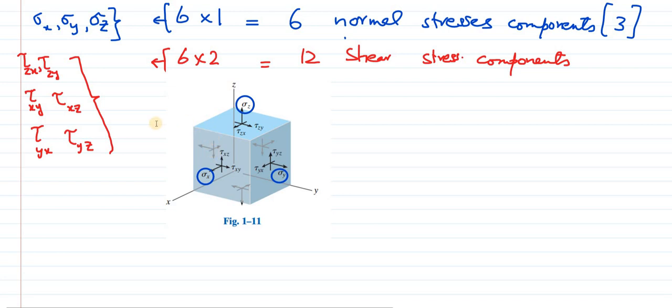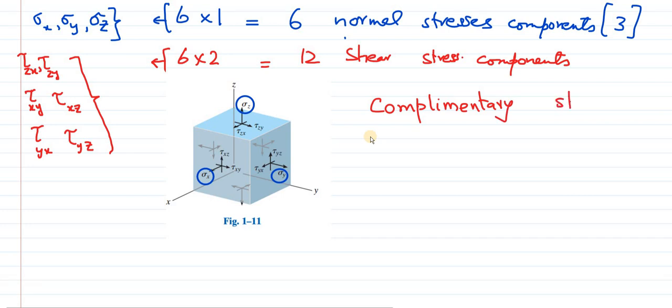So we concluded that we need to know 6 shear stress components, and now we are going to further simplify the problem by pointing out a common relationship between pairs of shear stresses. The concept that we have already talked about in our previous classes is the concept of complementary shear stresses.